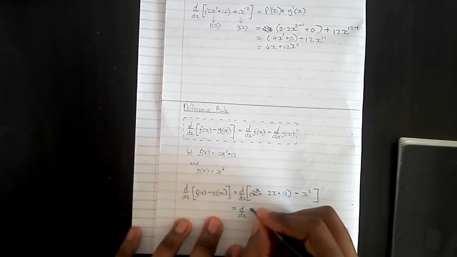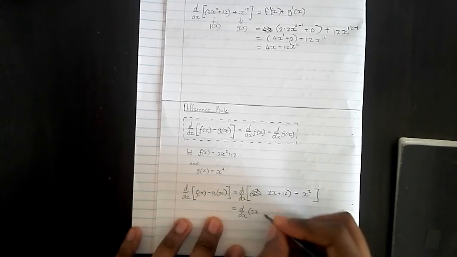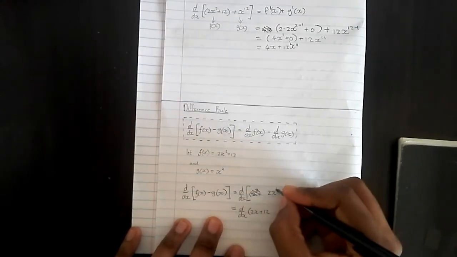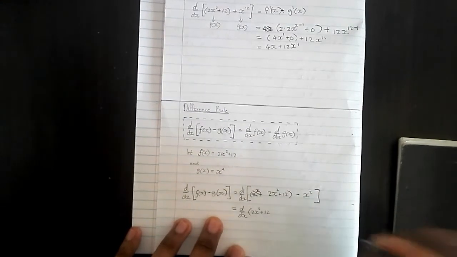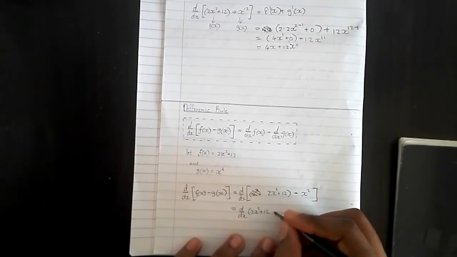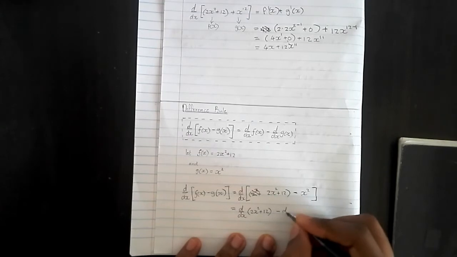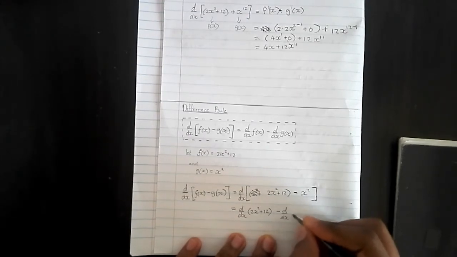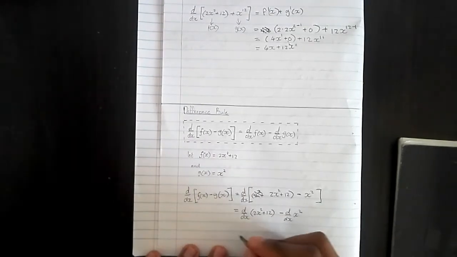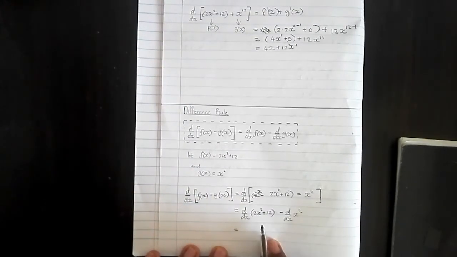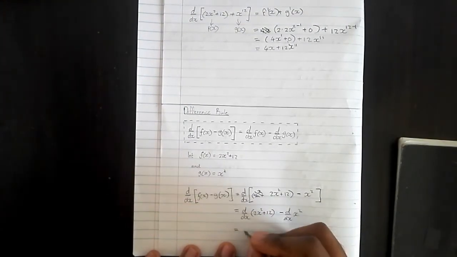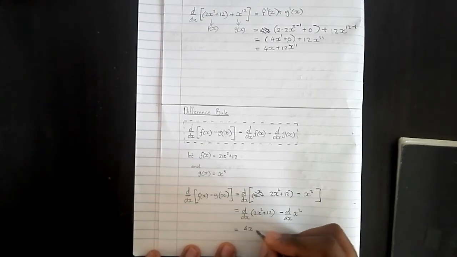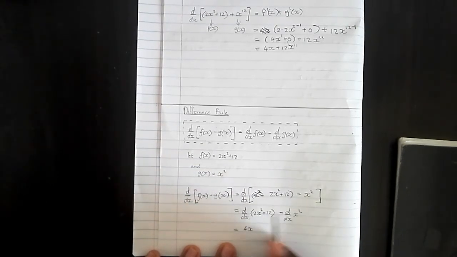d/dx of 2x squared plus 12 minus d/dx of x squared. This we've calculated before, is equal to 4x plus 0.